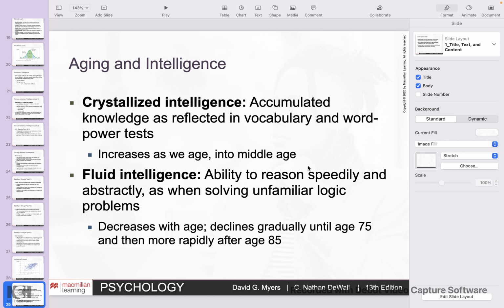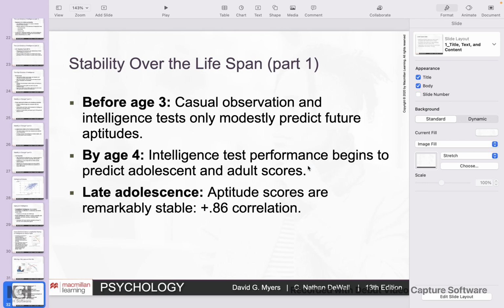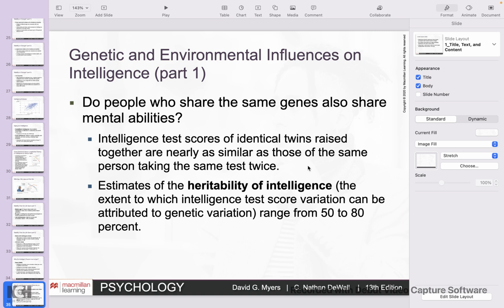Let's move a little bit to talk about genetics and environment. So then, do people who share the same genes actually share the same mental abilities? We can use twin studies to study intellectual levels as people age, the same way we've studied many other characteristics and personality attributes of individuals.